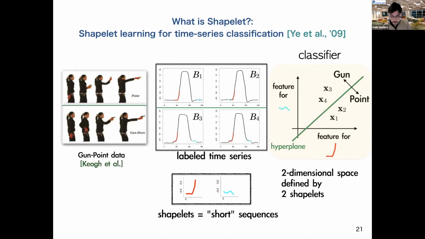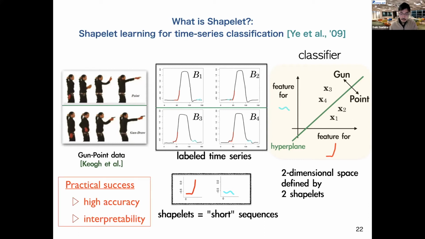And in second phase, we find the classifier by using some learning algorithm, such as a decision tree or SVM. And so you can see some good shapelets are discriminated local patterns. And it is reported that the shapelet-based method is interpretable and achieves high accuracy in practice.